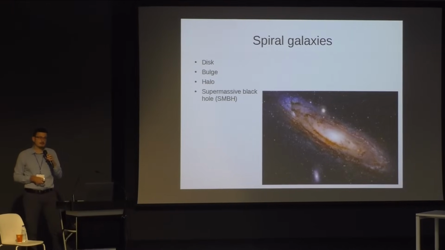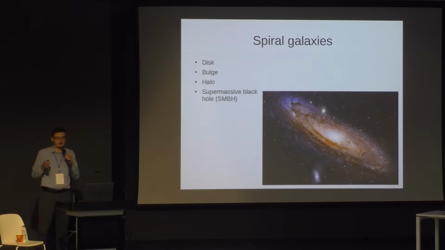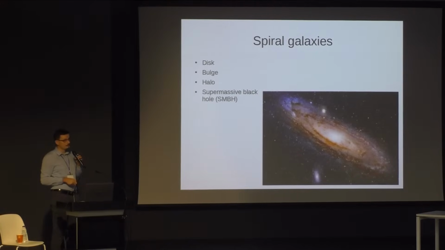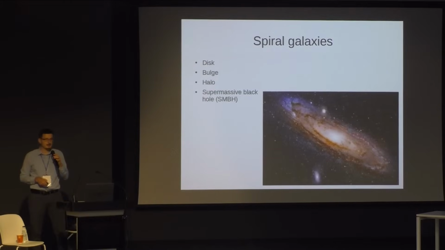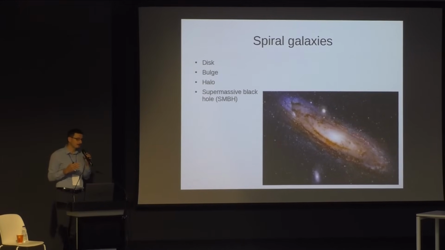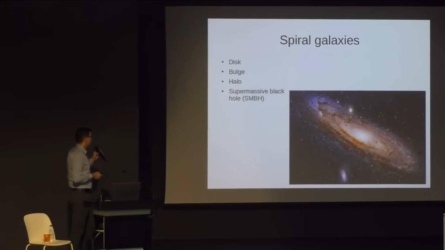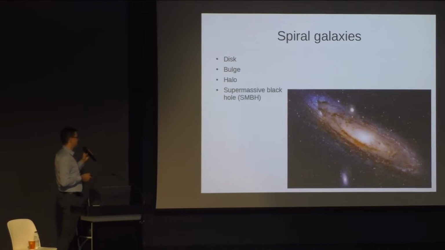Supermassive black holes are different from regular stellar black holes by their history and formation. And all these structures, the disk and bulge, are in the middle of the dark matter halo, which we cannot see, of course, because dark matter interacts very weakly with electromagnetic waves. So there is no way to directly observe dark matter.